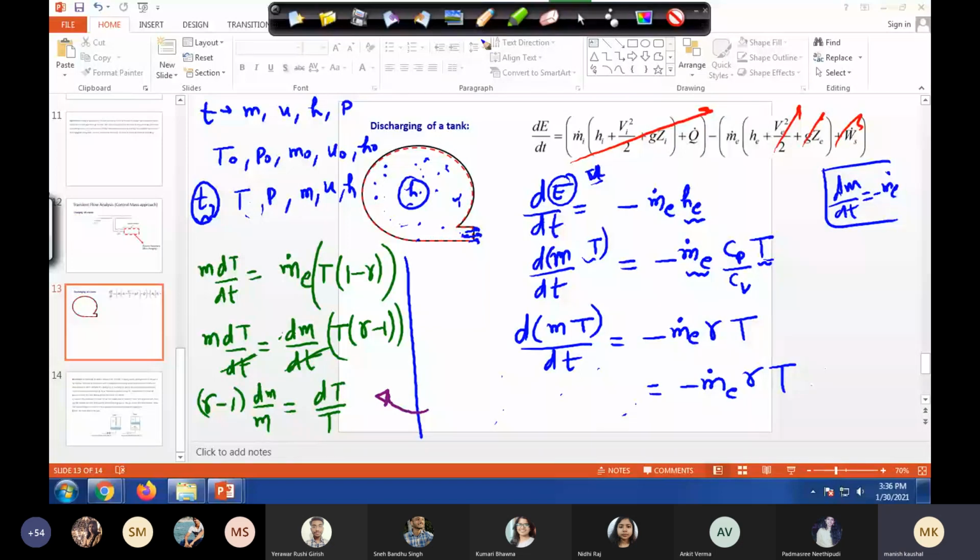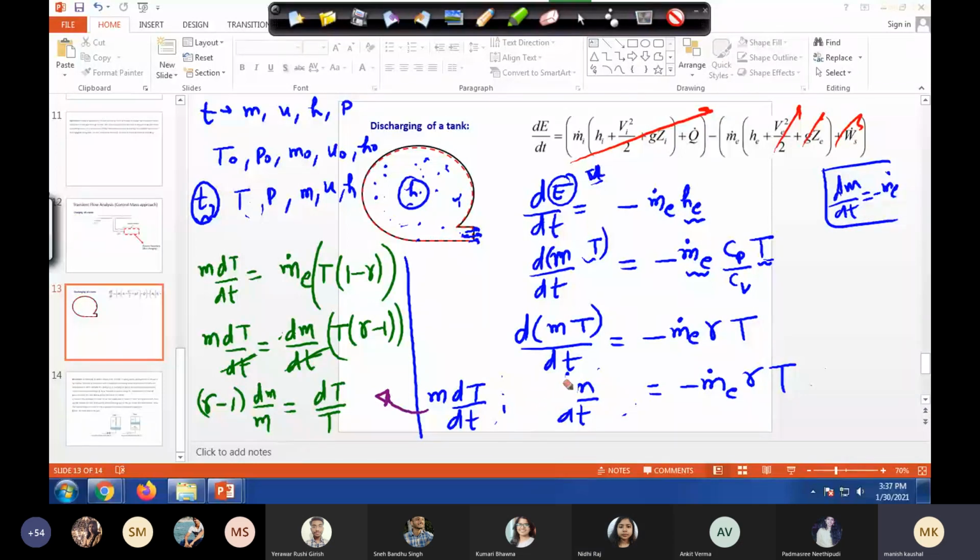You missed one step, that's why you are confused. Tell me, Nidhi, what will you write? m dT/dt plus T dm/dt. Right? Now what is dm/dt? Minus m dot e. I have taken it on the right hand side, and that's why you are getting m. I'm just following maths, right? Clear? Yes, sir. Now it is clear. Fine. Great.